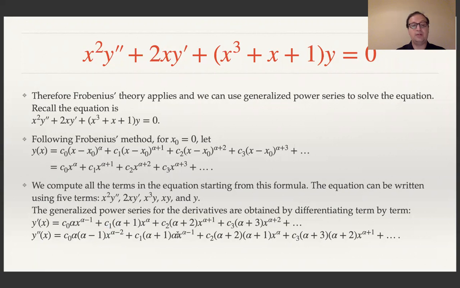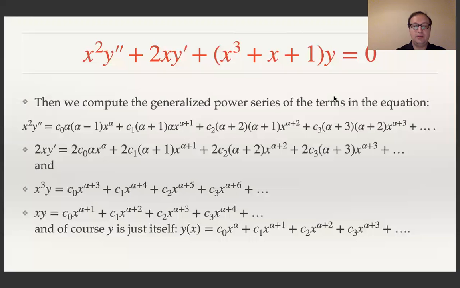Then the next power is x to the alpha minus 1. We multiply it by x squared, and we get x to the alpha plus 1, etc. So this is what we have here. The first power is x to the alpha, the next one is x to the alpha plus 1, then x to the alpha plus 2, and so on.